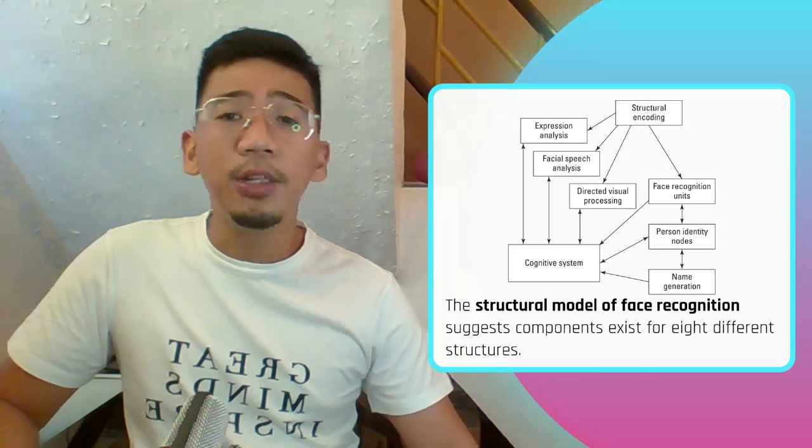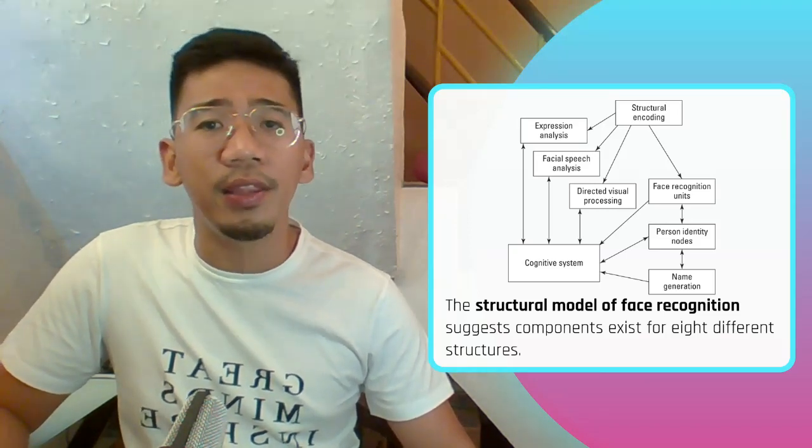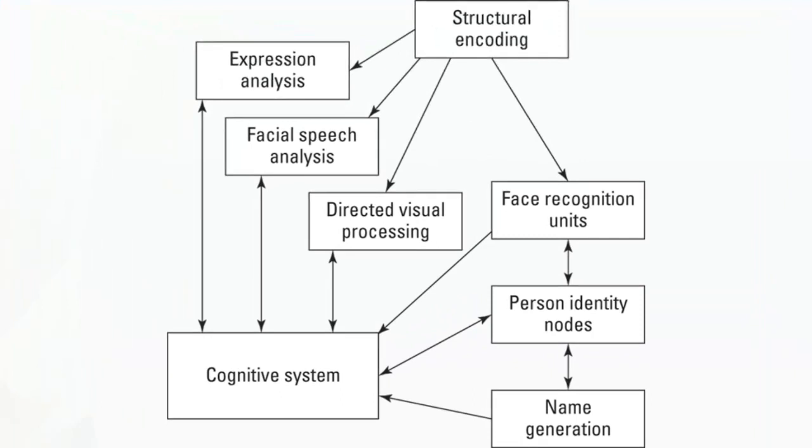This model suggests that separate components exist for 8 different things, and these include structural encoding, which is a simple description of a face, and then there is expression analysis of other people's emotions, and then there is facial speech analysis of lip reading, and then we have directed visual processing, which codes only face information, and then we have face recognition units, which represent the structural information of a known face.